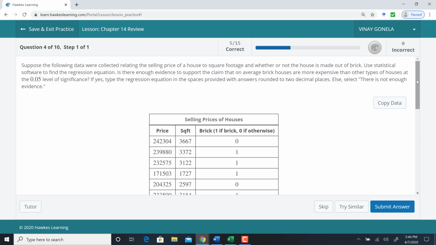Is there enough evidence to support the claim that on average brick houses are more expensive than other types of house at 0.05 significance level? If yes, type the regression equation in the space provided with the answer rounded to 2 decimals, else select this is not enough evidence.